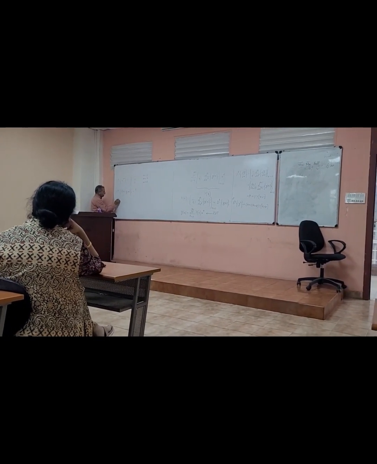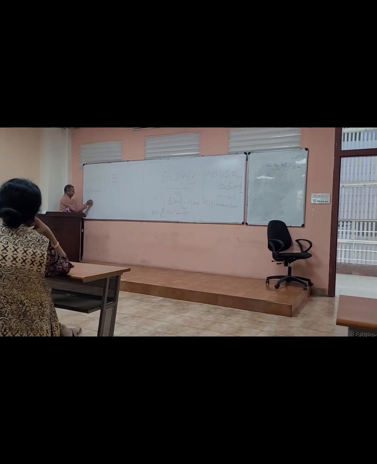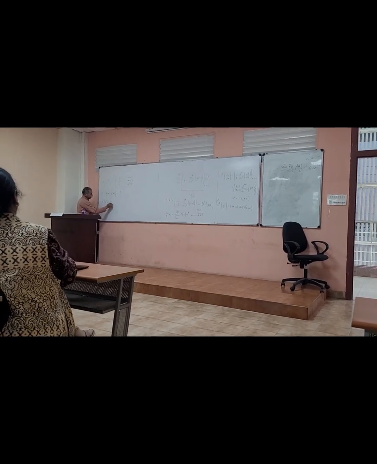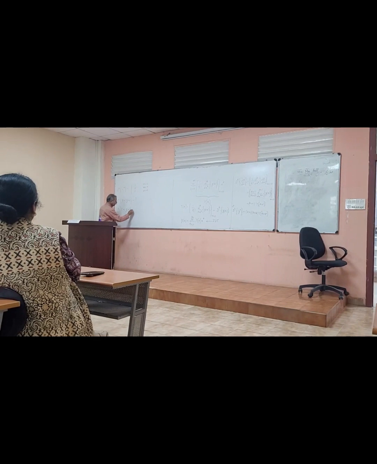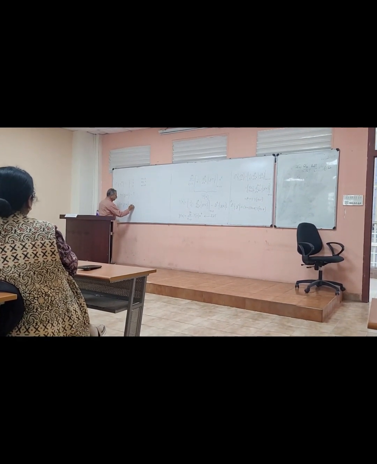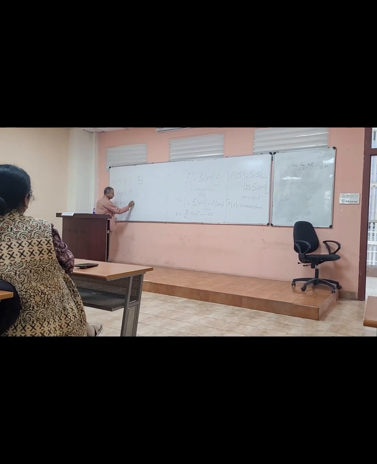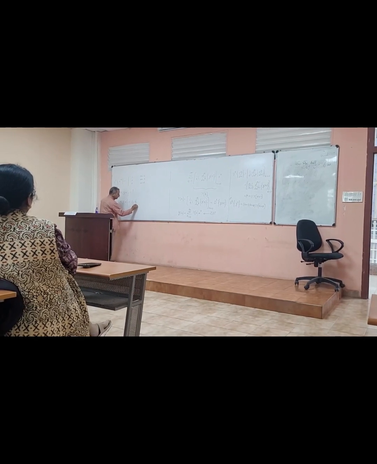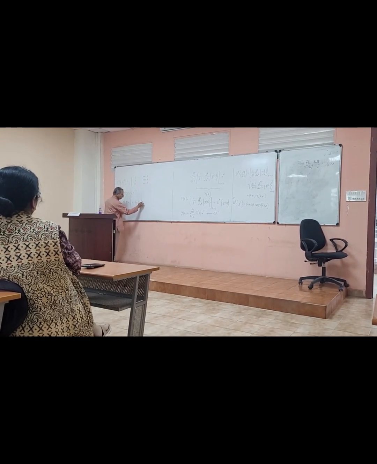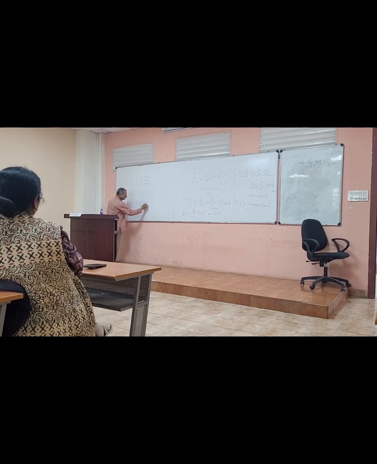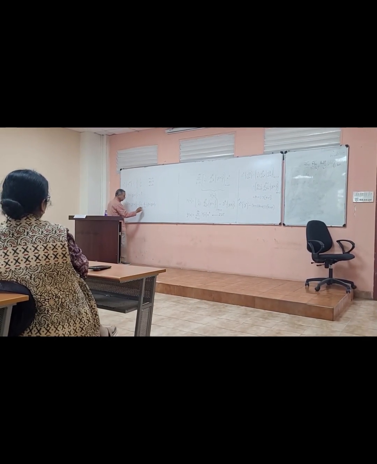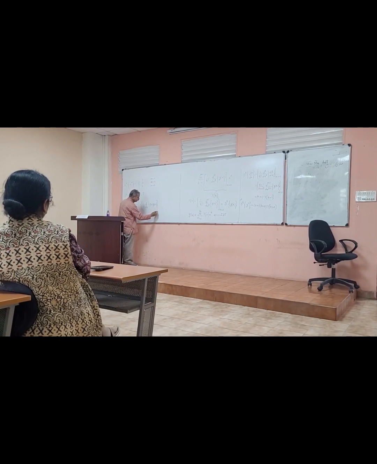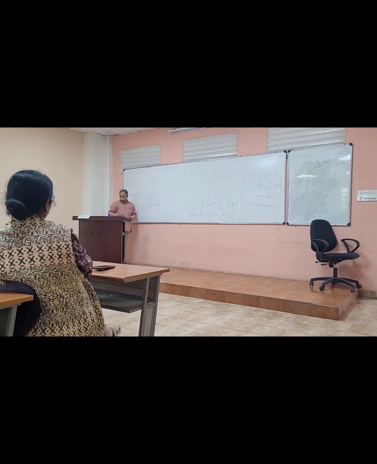So I have d of f of x, g of x. So what is this? 1 by 1 factorial d by dx of f of x, g of x evaluated at x equal to 0.